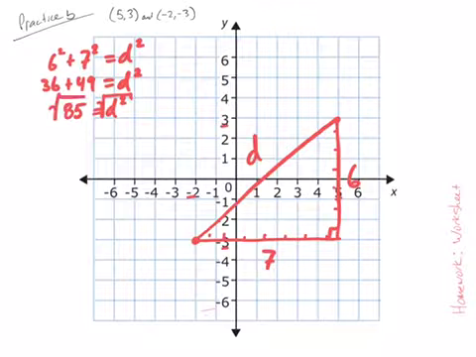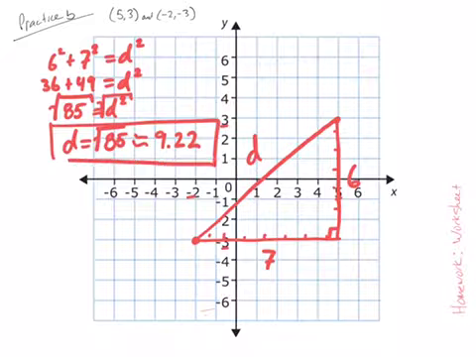Take the square root of both sides, and D is equal to the square root of 85, which is approximately equal to 9.219, so I'll say 9.22, and that will be our answer.